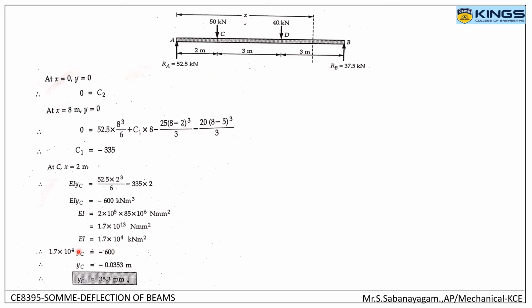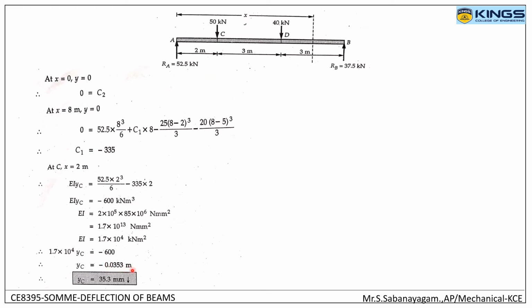So substitute this EI value in this relation, the value of EI is 1.7 into 10 power 4, yc is equal to minus 600, hence yc will become minus 0.0353 meter. Since the value of EI is substituted in terms of meter, the deflection will be 0.0353 meter.